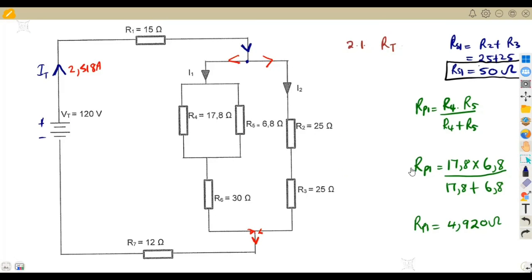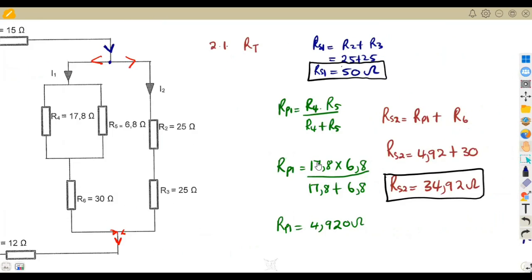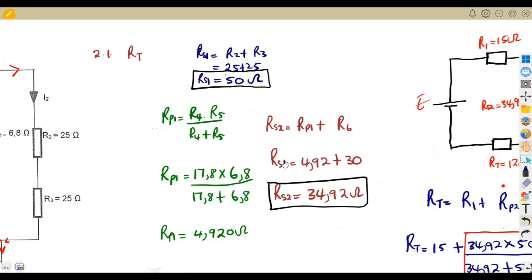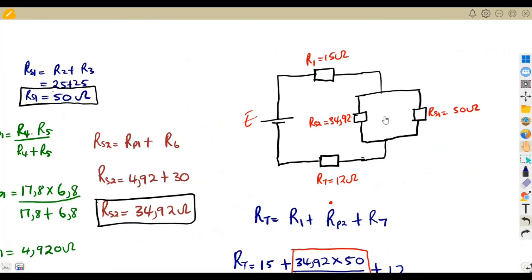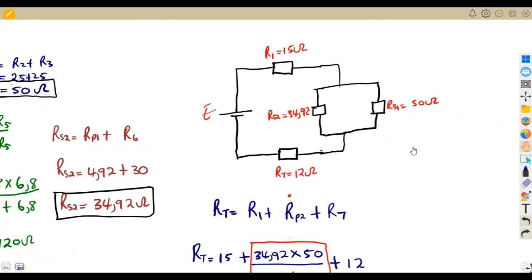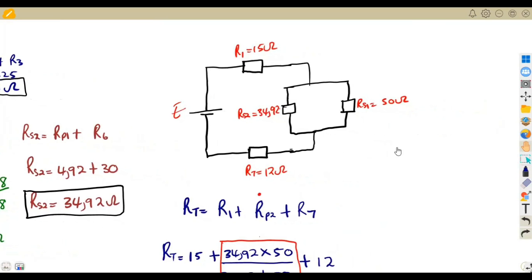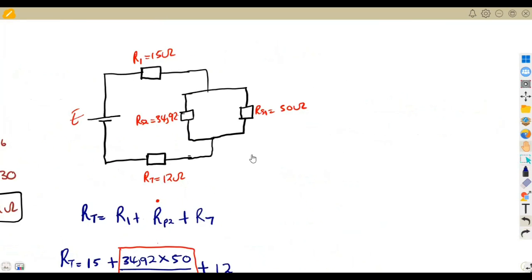We go back here, that was our RP2 on the parallel combination as a whole. That is where we have this one and this one combined together. We combined all the resistors that were there, and we remained with this parallel combination. So instead of working with each resistor, you are simply going to work with the combined part.